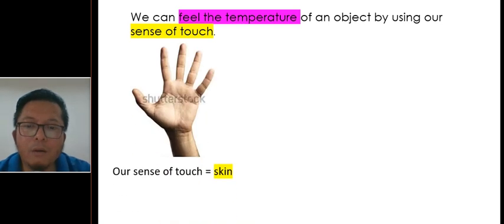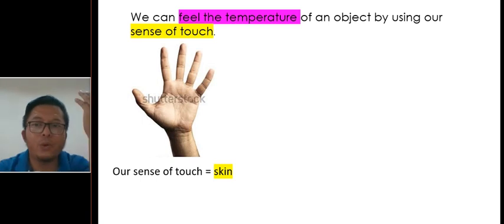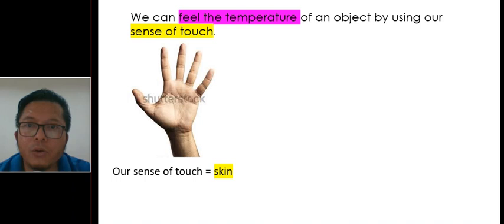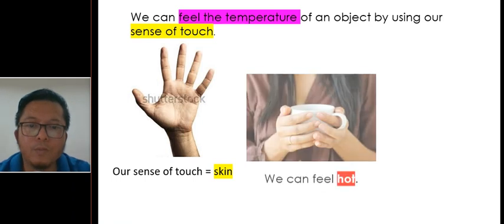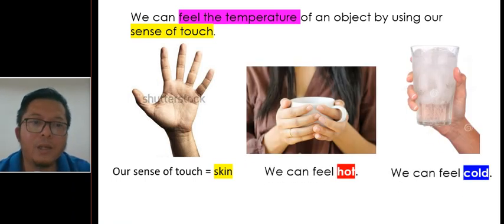Our sense of touch, which is skin, not only your hand, it's your skin. Everywhere we can feel hot or cold. It's very easy.